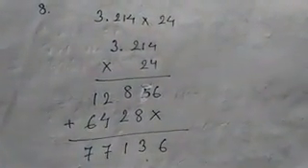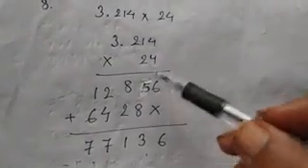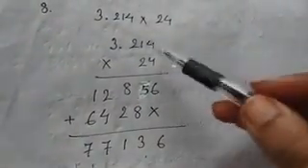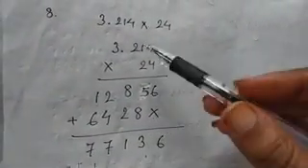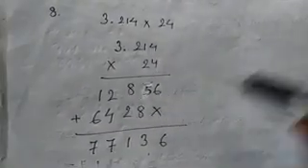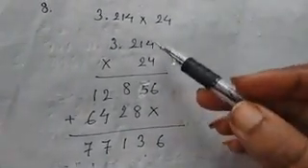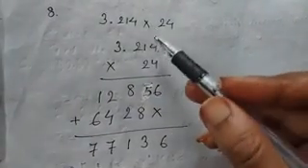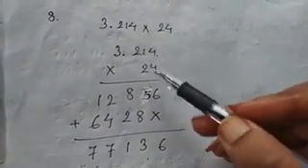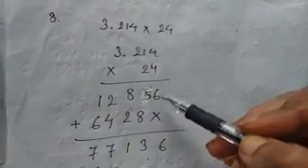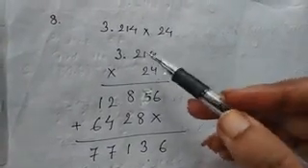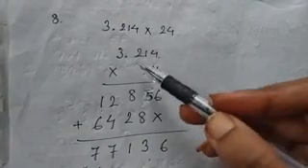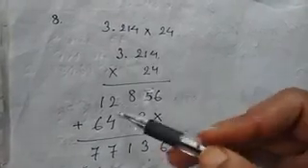Now number 8, 3.214 into 24. First we will arrange it in such a way that we can multiply it. Now 4 into 4, 16, carry 1. 4 ones are 4, plus 1, 5. 4 2s are 8 and 4 3s are 12.